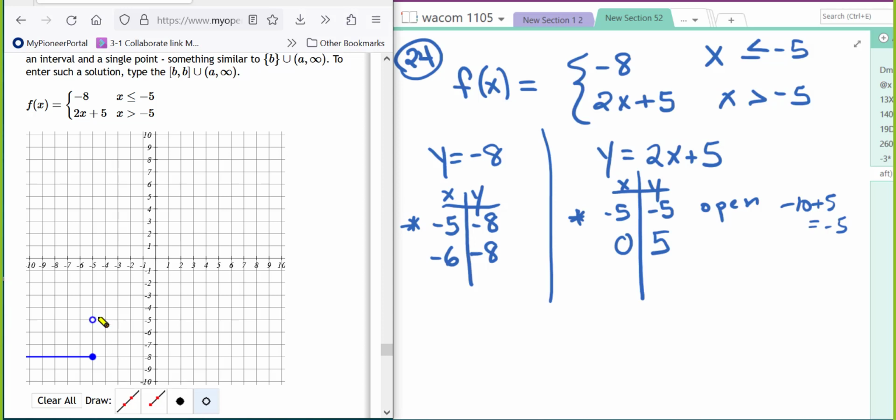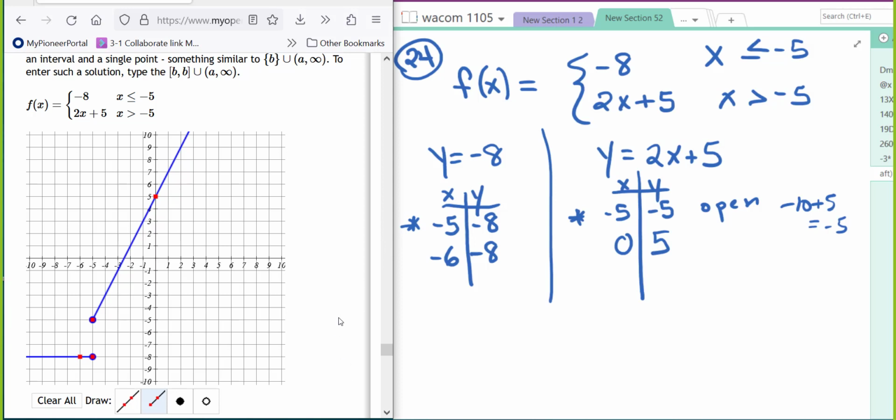And that's an open circle. And then we want to do the ray tool. Then we'll click here again, and we will go over 0 and up 5. All right, and there is our graph.